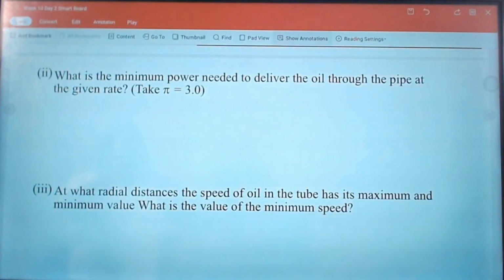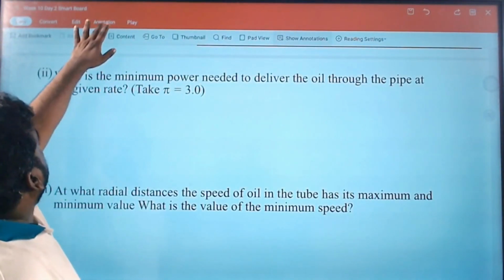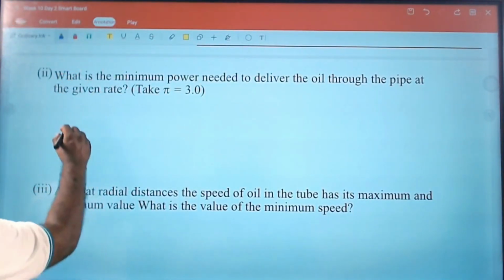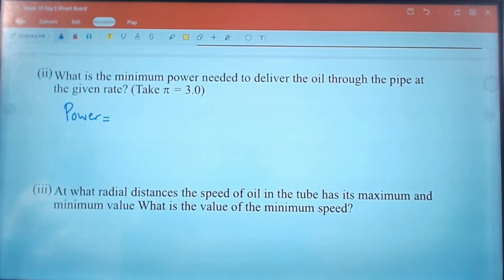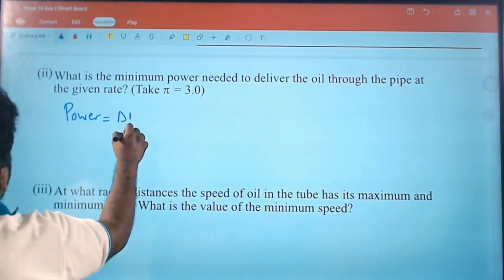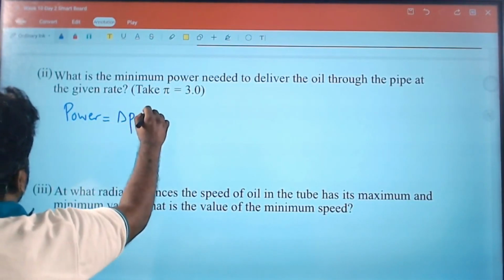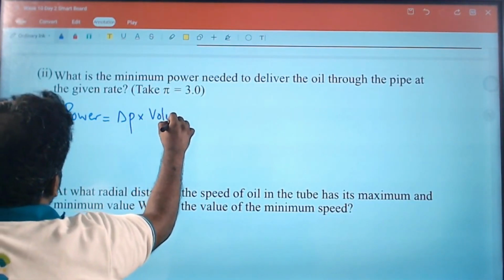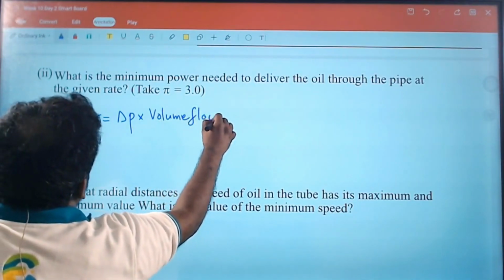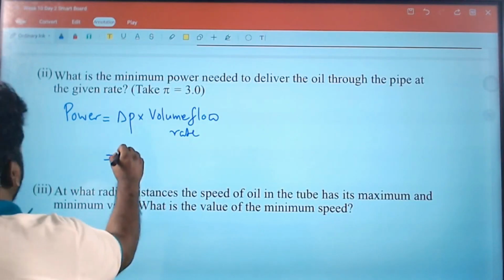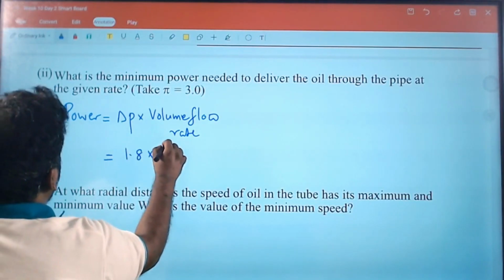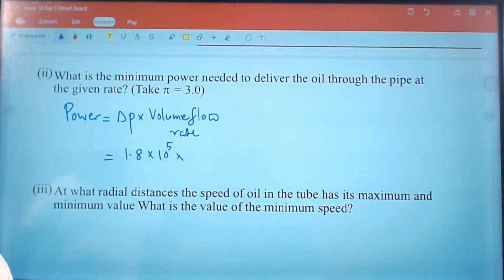What's the minimum power needed to deliver oil through the pump at the given rate? Power is equal to pressure difference into volume flow rate. Pressure difference is 1.8 10 to the power 5. What's the volume flow rate?